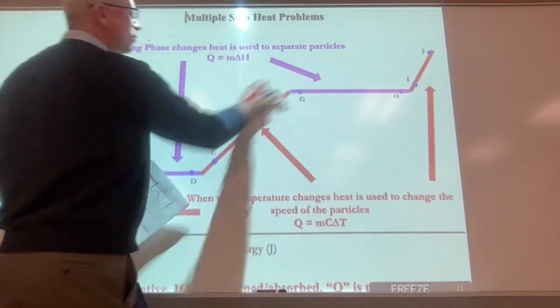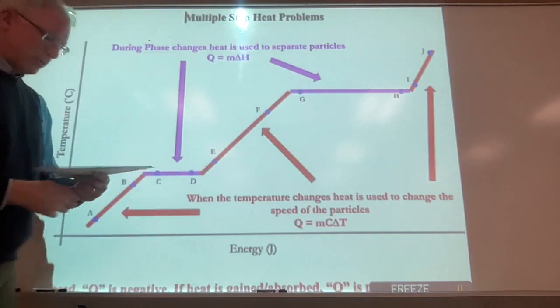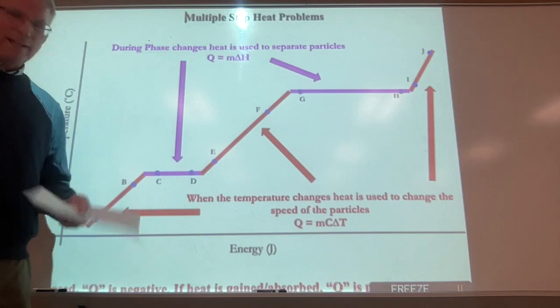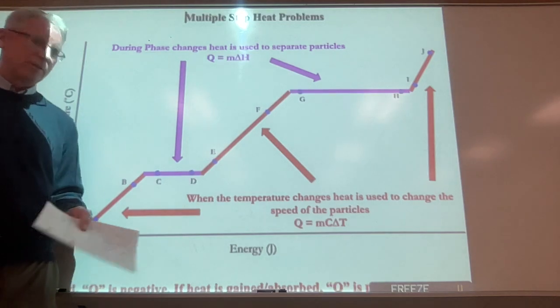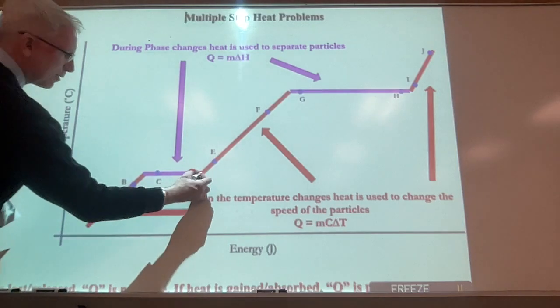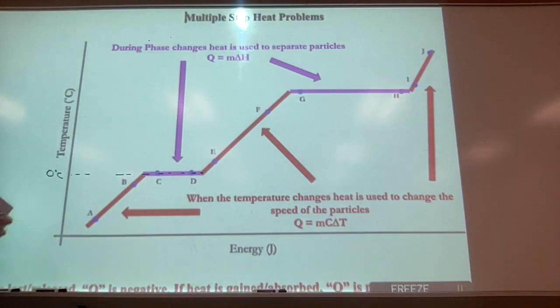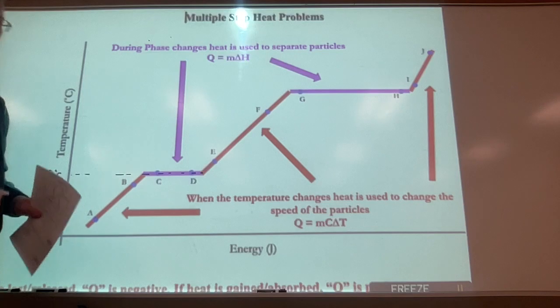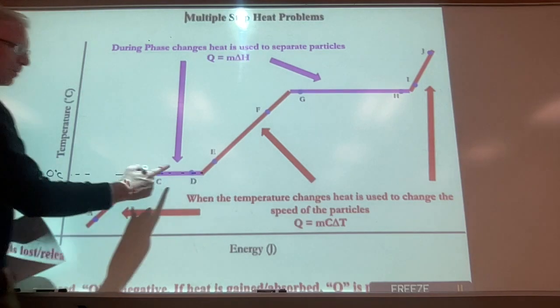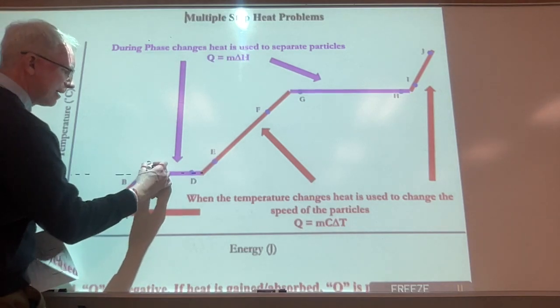So question 2 is super similar. Question 2 says you have the same 525 gram sample, but this time it is completely liquid, or it's just water, at 0 degrees. So we know that this is our 0 degree plateau here, but now you are completely water. So this part was a solid. Here we're melting, so we're solid and liquid.